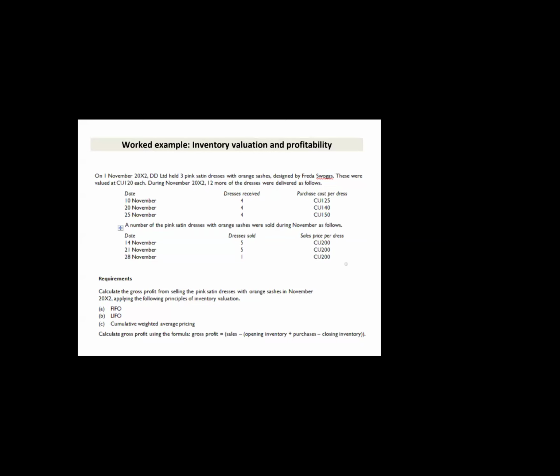So let's check cost of goods sold first. As we sold 5, 5 and 1, that is 11 dresses at the rate of 200, we can easily calculate our value of sales. Our sales value is 2,200. Now calculate cost of goods sold of these 11 dresses under FIFO method.